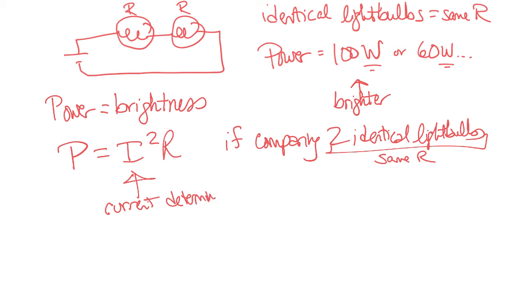Current determines the brightness if R is the same. Okay, so that's a really, really common kind of question. They give you a setup, and then they ask you about the brightness of light bulbs. So if they're all identical light bulbs, the brighter one is the one with more current.